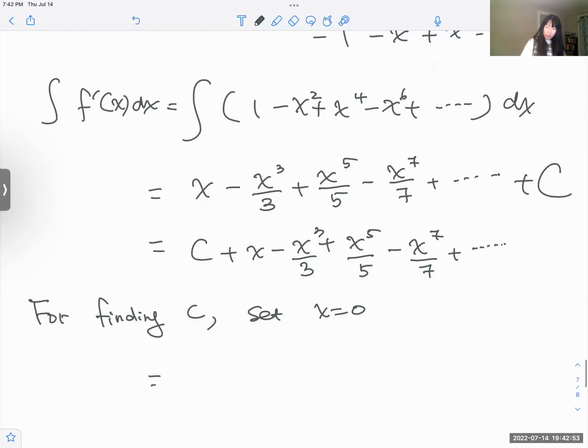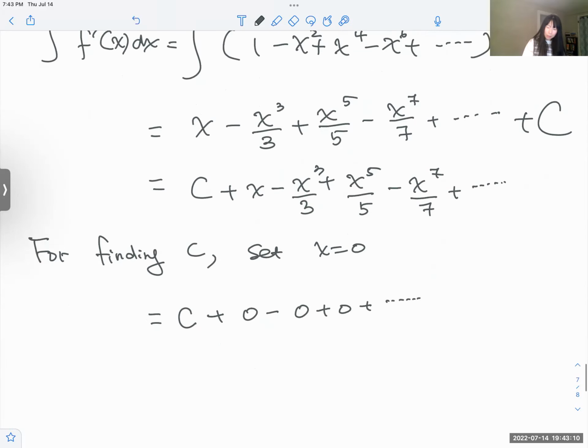Then we get C plus 0 minus 0, everything is 0.